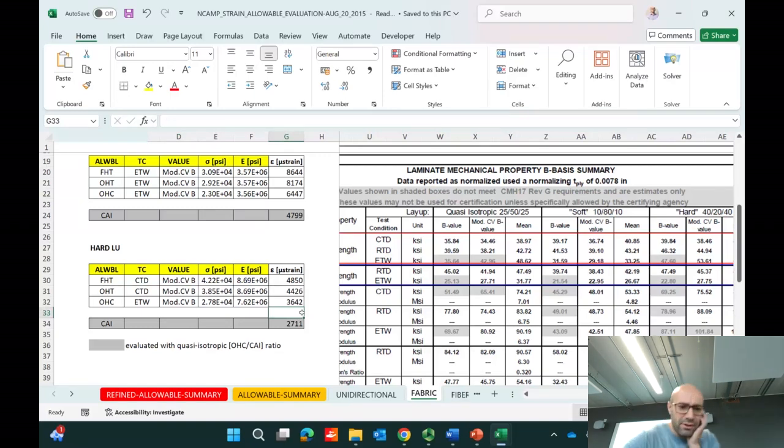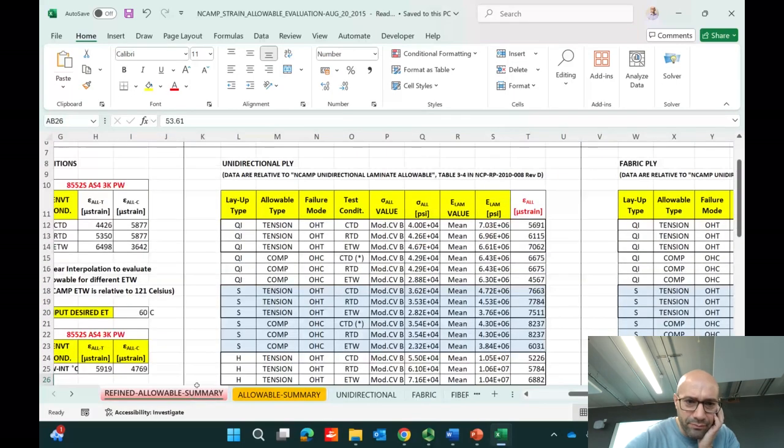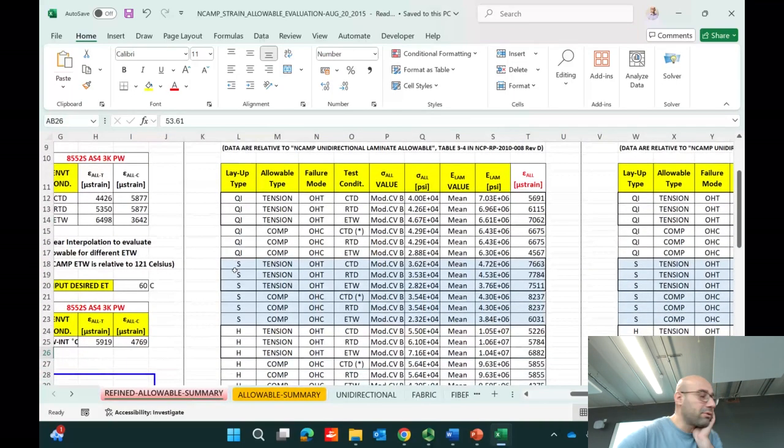Let's have a look at this. For example, we've done quasi-isotropic layout tests in tension, open hole tension and all of that, and we find the allowable strains. Can you see the allowable strains?